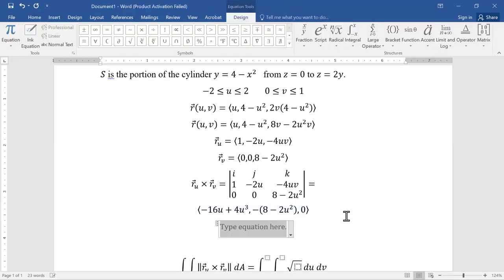So my cross product worked out. Let's make sure I did this right. Negative 2u times 8. Yeah, negative 2 times 8 is negative 16. So I get negative 16u plus 4u to the third. That's as simple as I can make that.